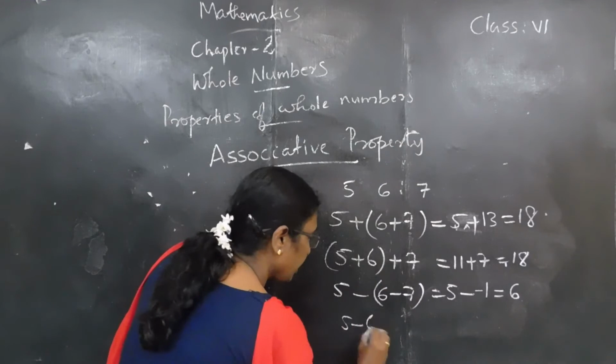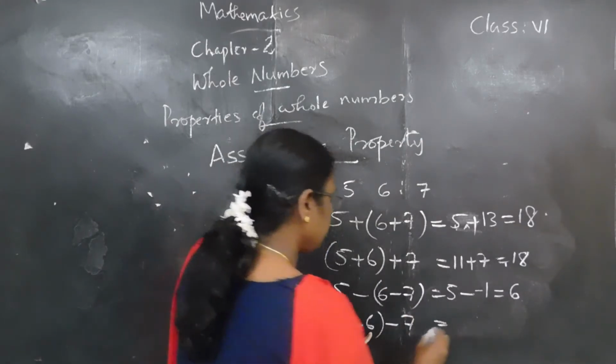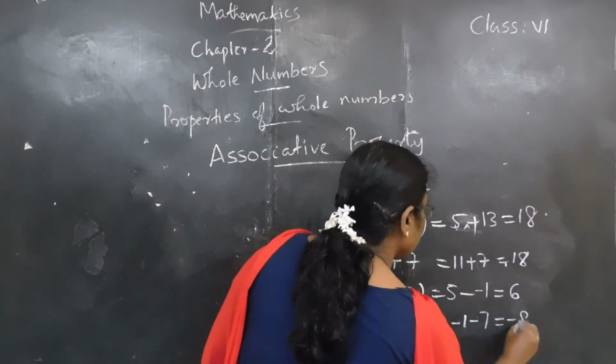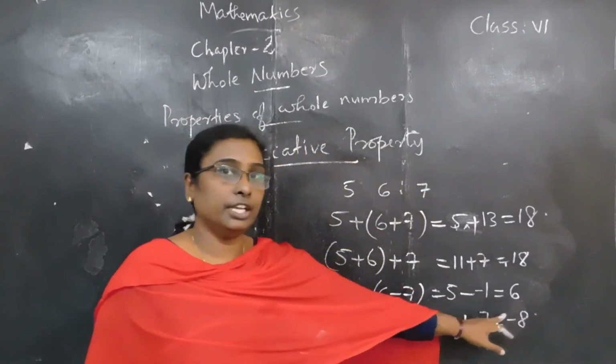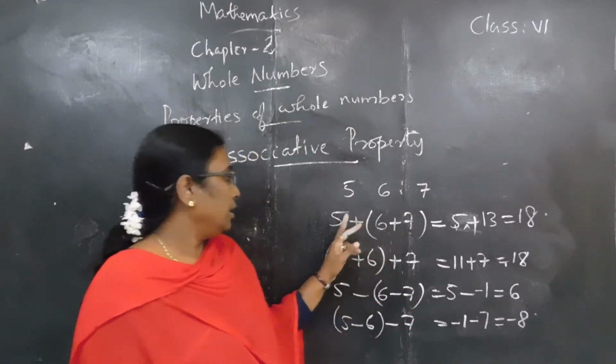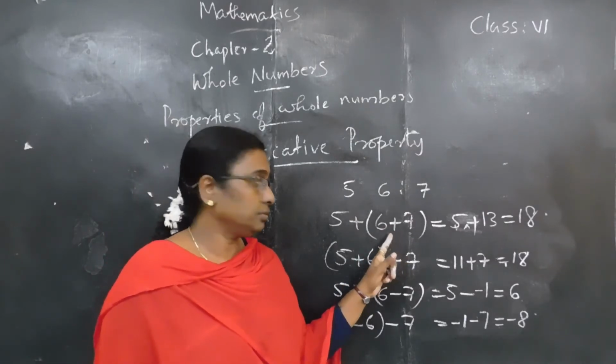Then 5 minus 6 is minus 1, and minus 1 minus 7 is minus 8. The result is different.